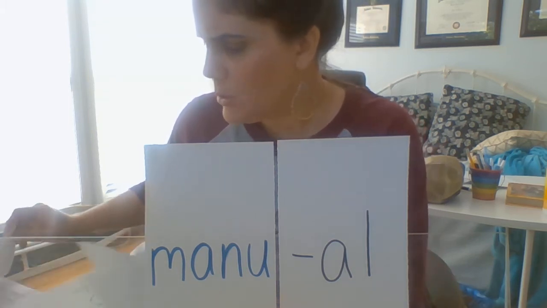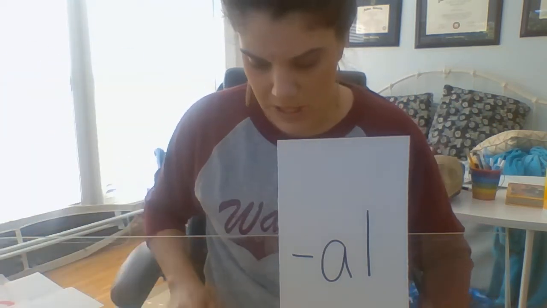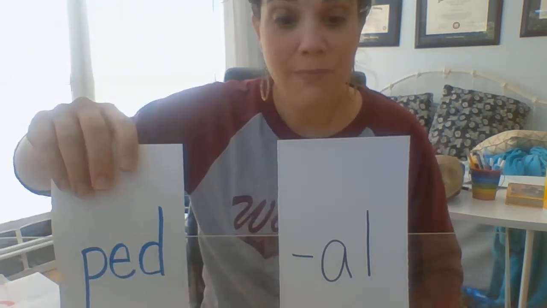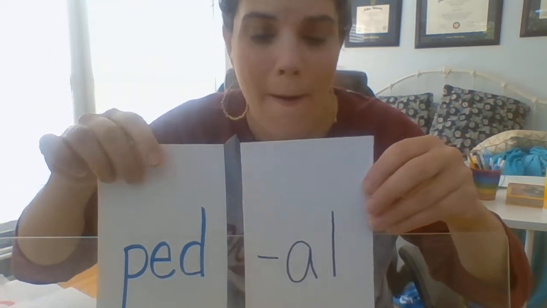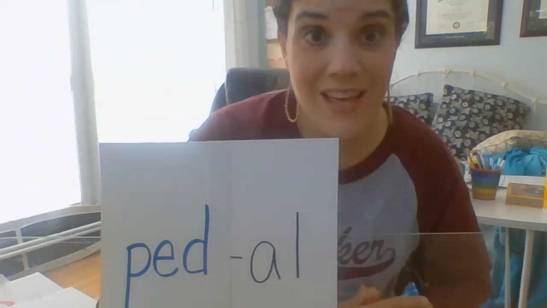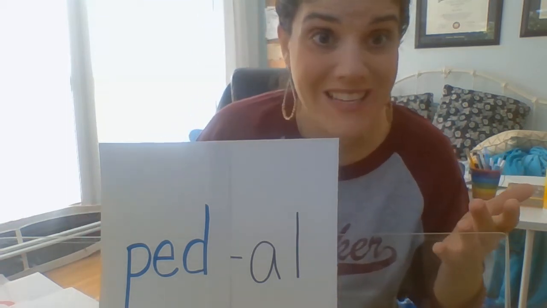How about, let's switch to ped for just a minute. We had pedicure already. Oh, look at this. This forms another word. Pedal. The things I put my feet on a bike, those are called the pedals, P-E-D.